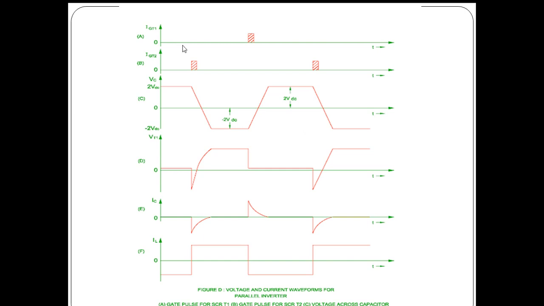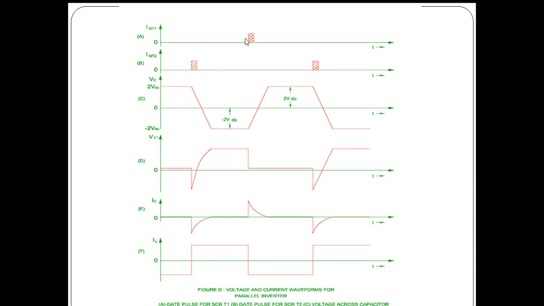So initially, when we turn on thyristor T1, the capacitor will charge up to plus 2 VDC and it will be maintained constant.